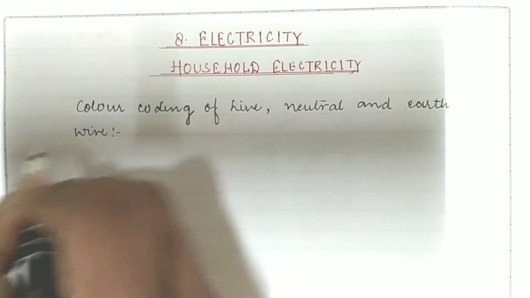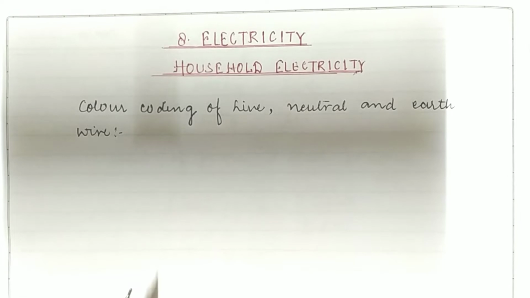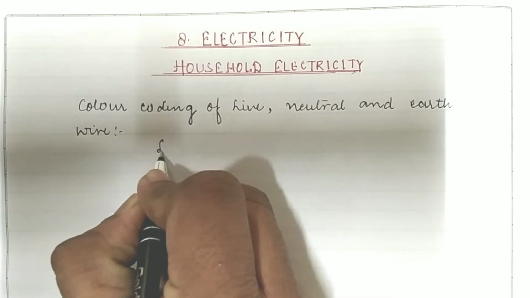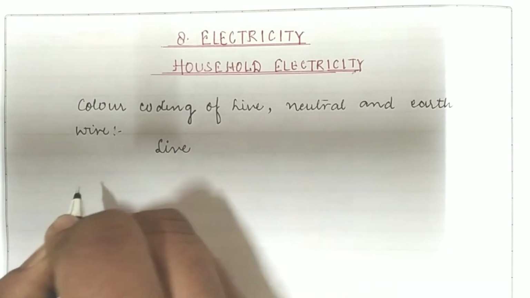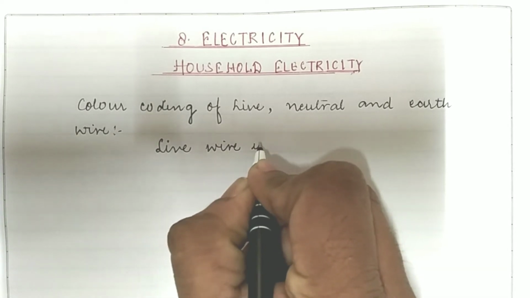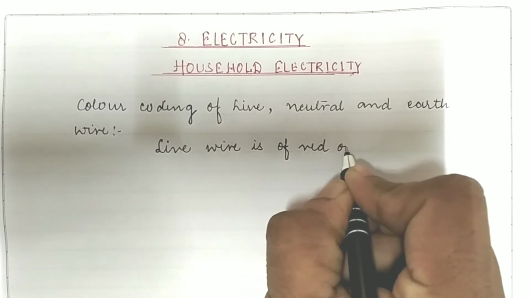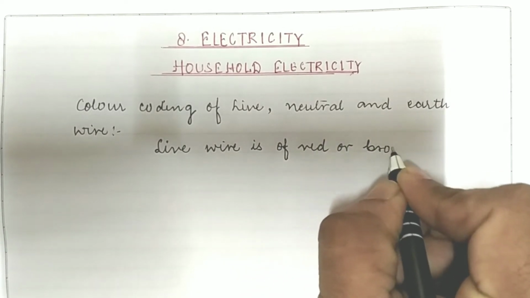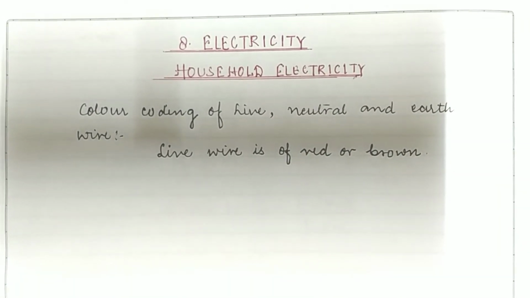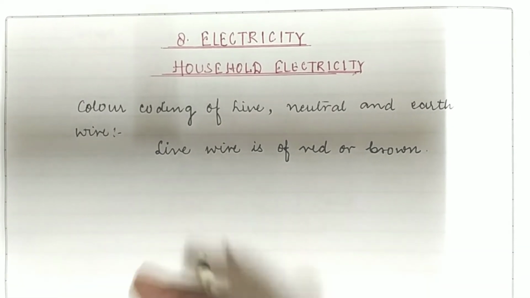In order to transmit electricity from one place to another, we use the live wire, which carries the current, and the live wire is of either red or brown color. Because if any circuitry is given to us, how will we find out which wire is the live wire? So the live wire is red or brownish in color.